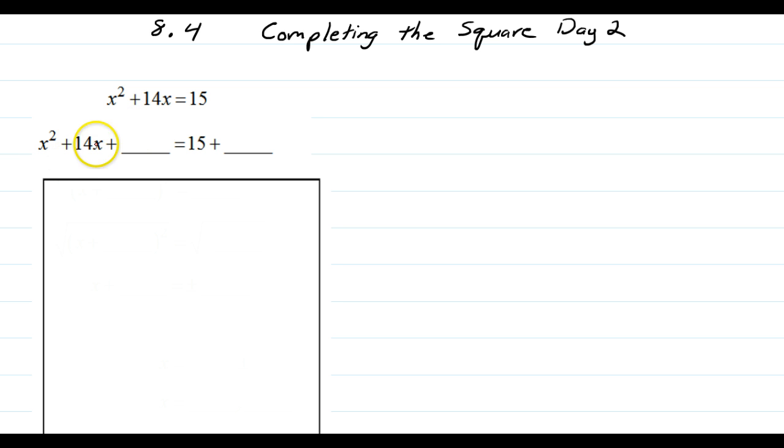And so remember how we completed the square. Step 1: divide the middle number by 2, or take half of the middle number.